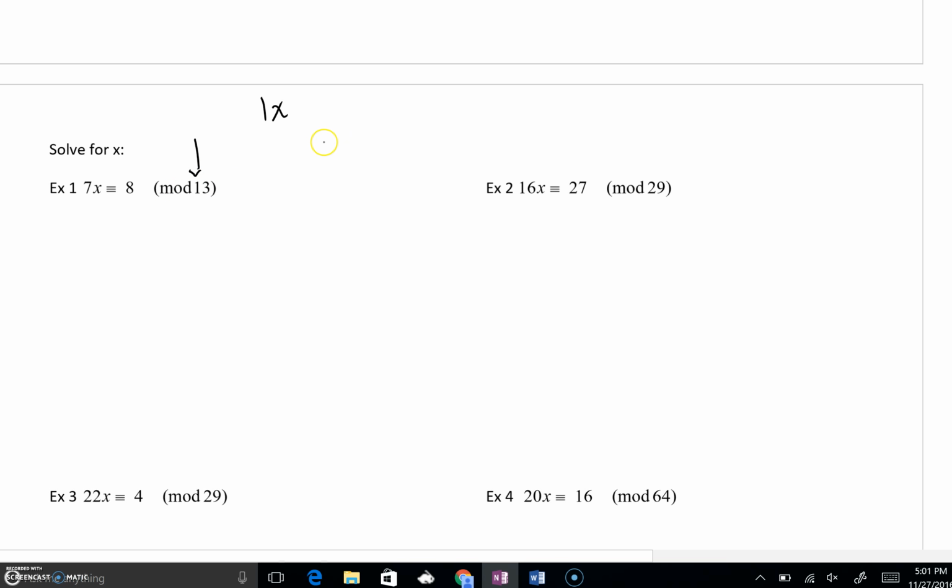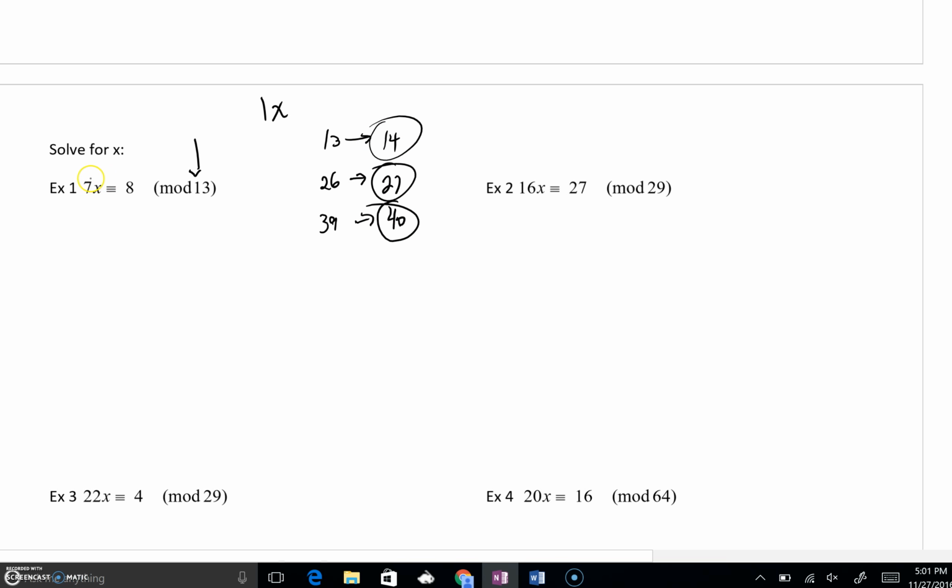So if you look at the multiples of 13, 13 times 1, 13 times 2, 13 times 3, if we were ever one step bigger, in other words, if we had a 14 or a 27 or a 40, this would be a remainder of 1 when we divide by 13.